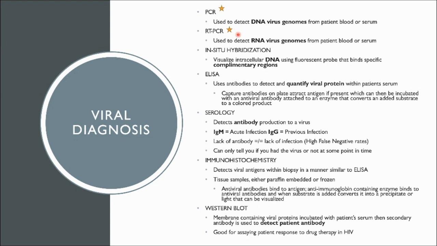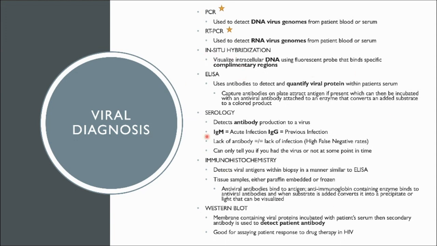RT-PCR just uses reverse transcriptase instead of normal polymerase, and so it's able to replicate RNA. So if you're trying to test for an RNA virus, you need to use reverse transcriptase PCR. If you're trying to test for a DNA virus, you could use PCR. I've seen that pop up.